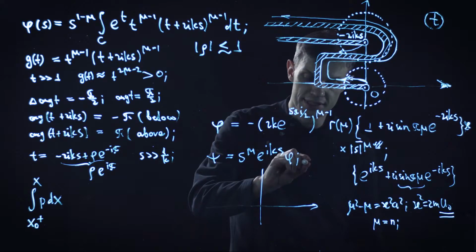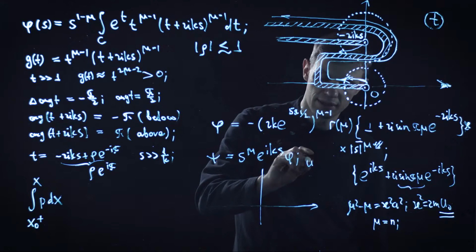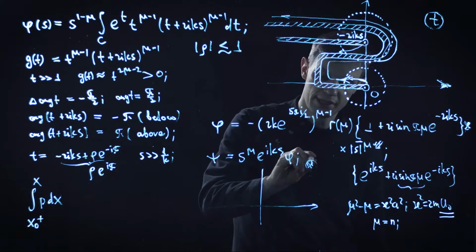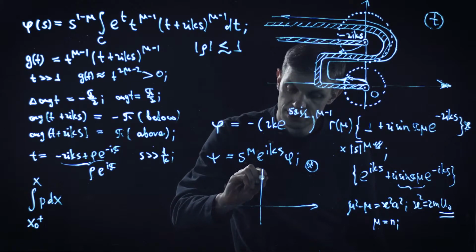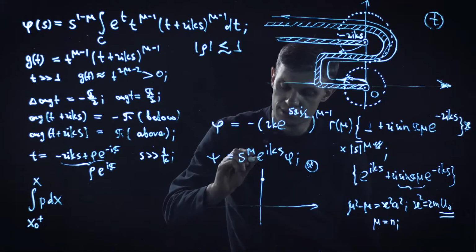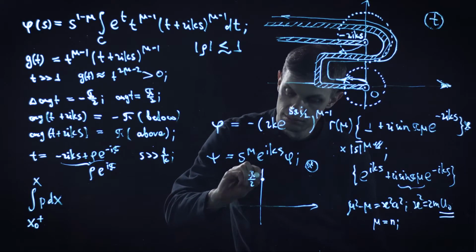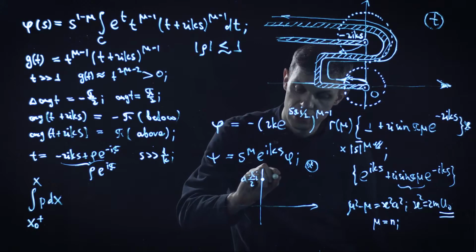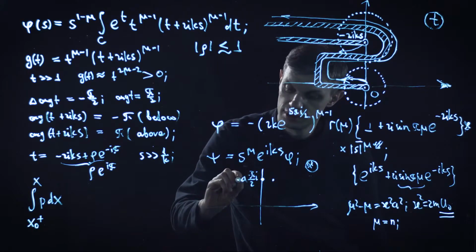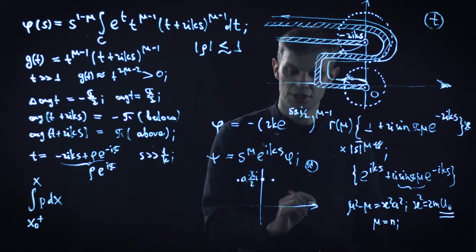So here is the complex plane of x. Here is the position of our pole of the potential. And here are two proximate turning points.